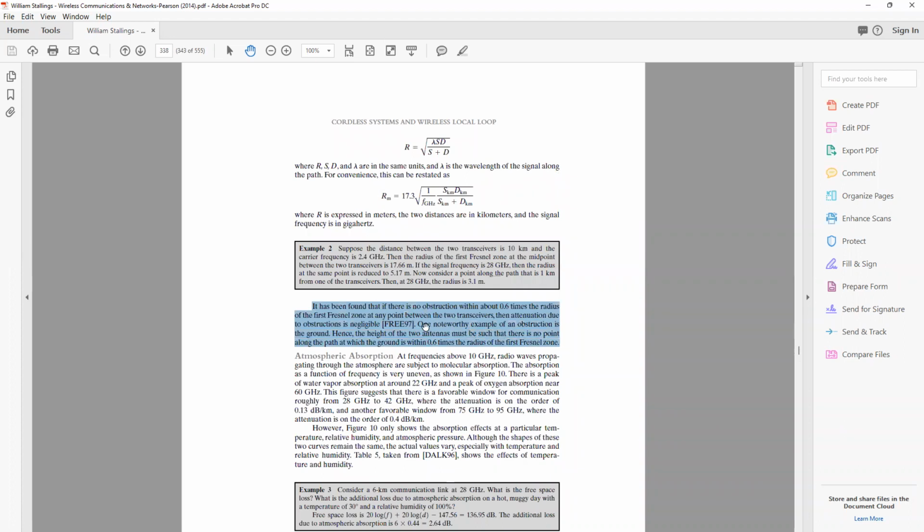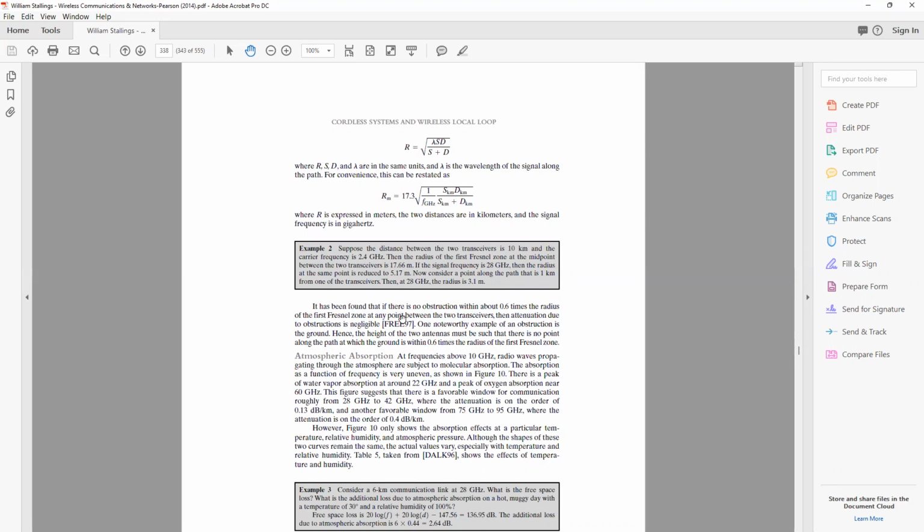One example of an obstruction is the ground, hence the height of the two antennas must be such that there is no point along the path at which the ground is within 0.6 times the radius of the first Fresnel zone.